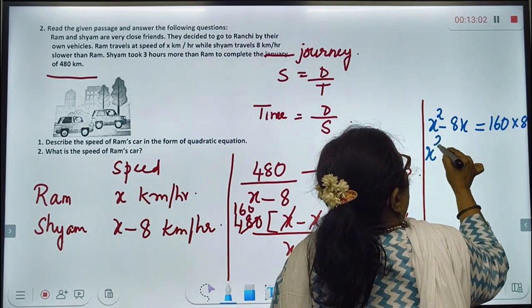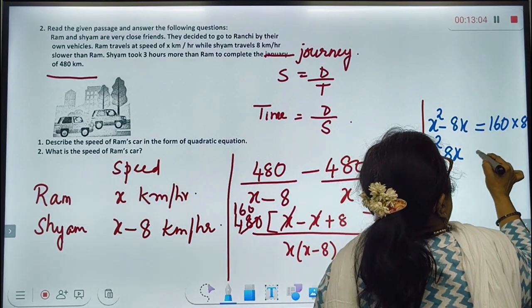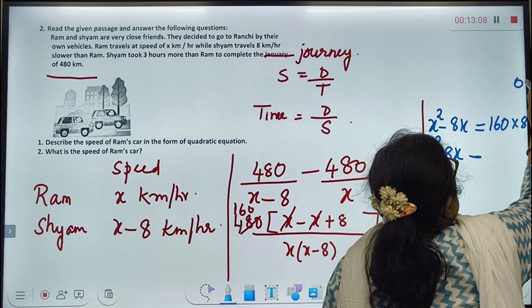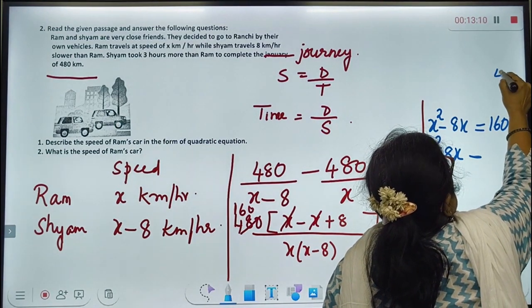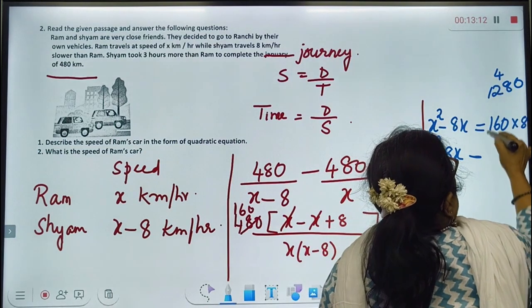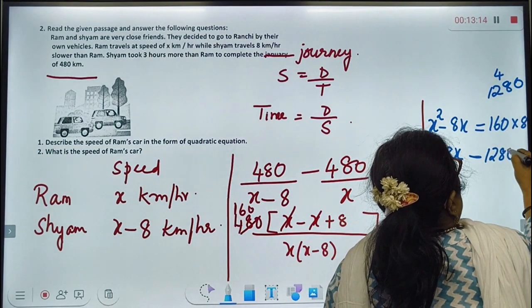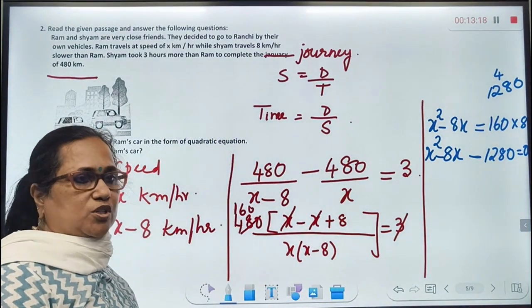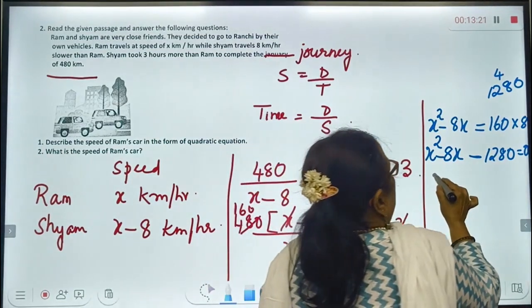What is 160 into 8? 1280. So x square minus 8x minus 1280 equal to 0.